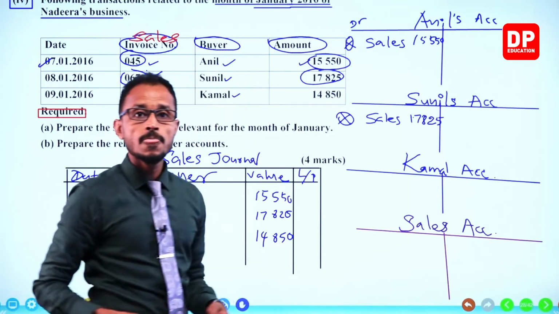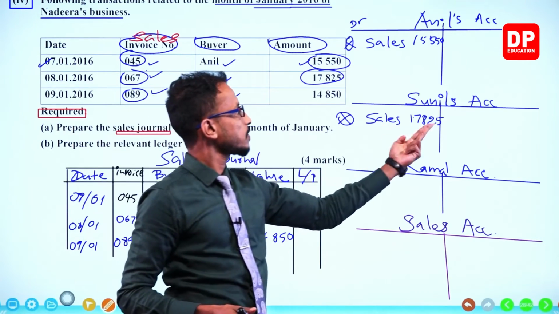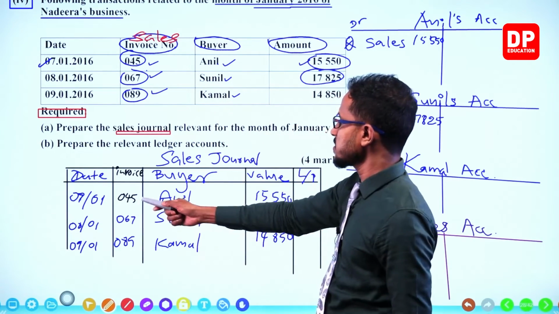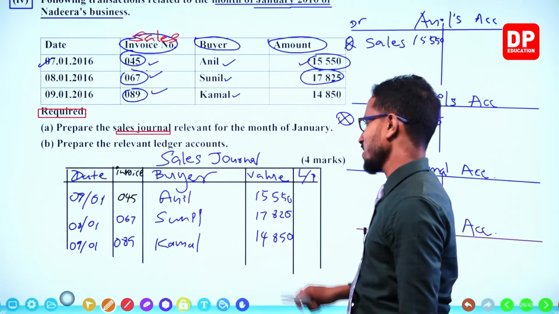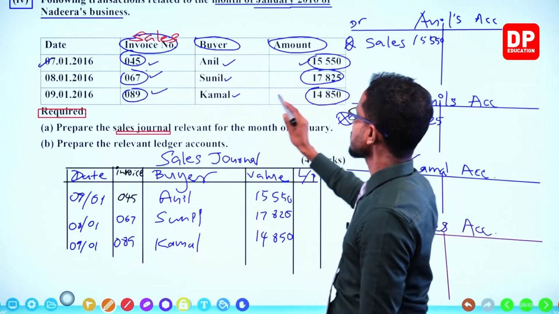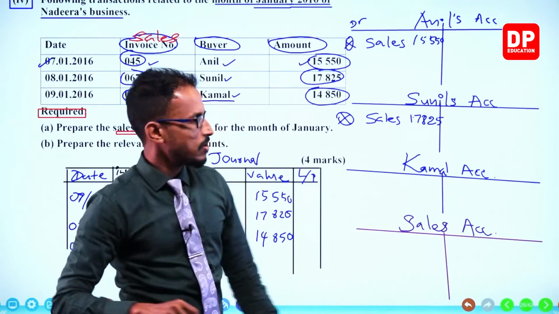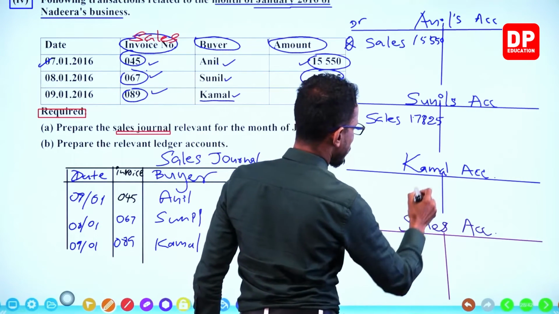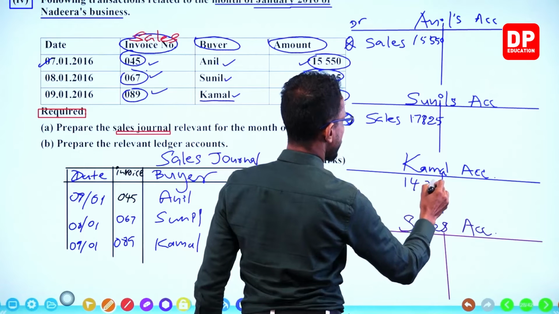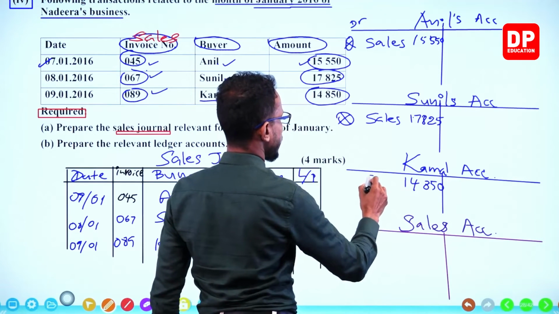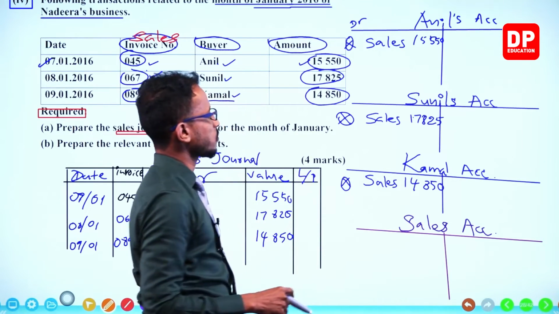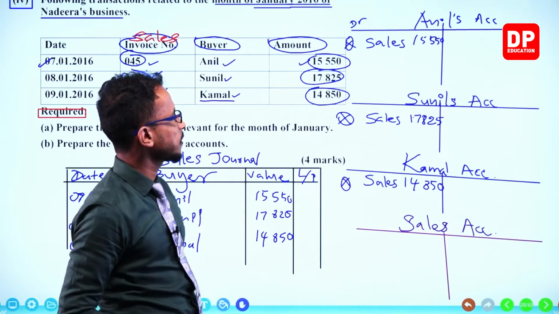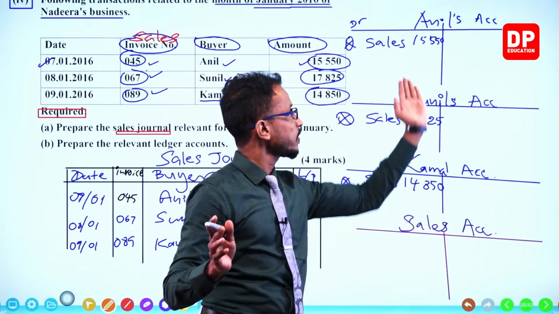Clear. Okay. Next entry is going to Kamal. Kamal's account 14,850. Sales. Mention the date also. Got it?